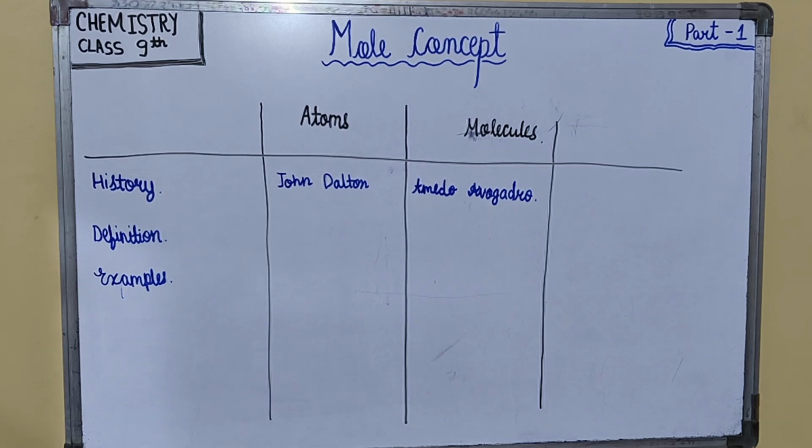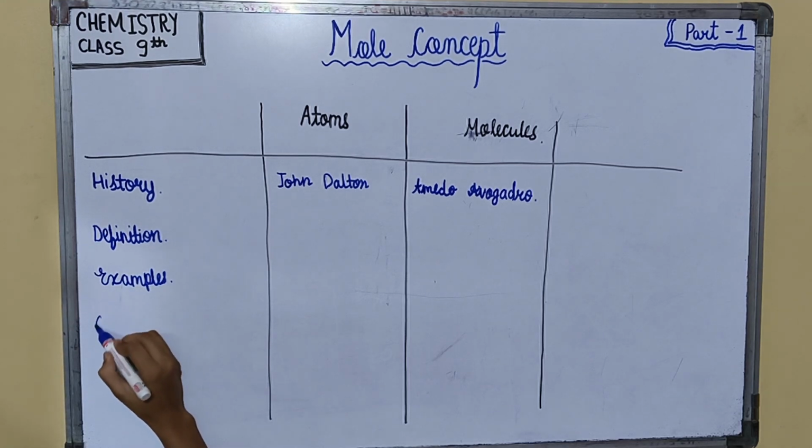Calcium is made up of only one type of atom, that is calcium atom. In molecules, the examples are O2, an oxygen molecule. O3 is an ozone molecule. NH3 is an ammonia molecule. CH4 is a methane molecule, and so on.